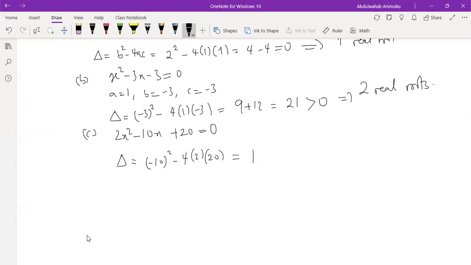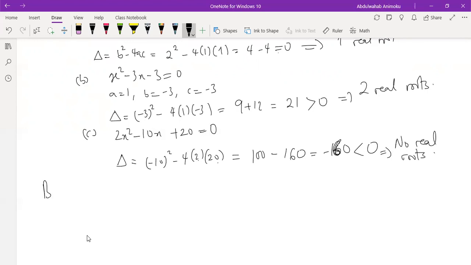Okay, so which is 100 minus 4 times 2, which is 8, 8 times 20 is 160. Right? We have minus 160, which is minus 60, which is negative. So this means no real roots.